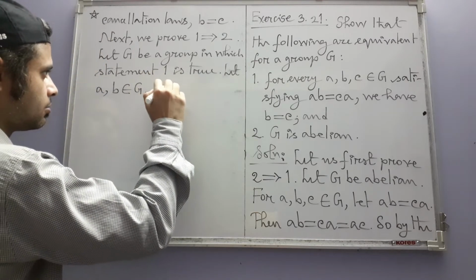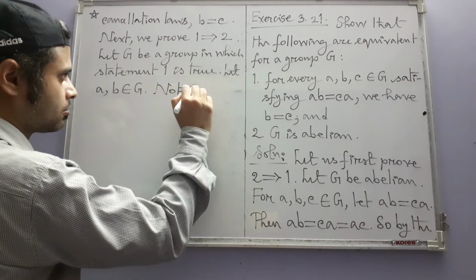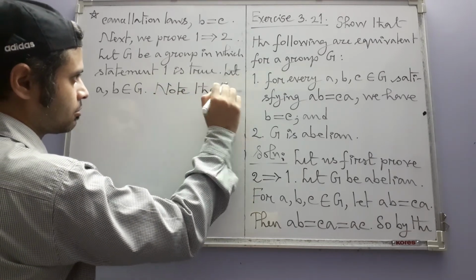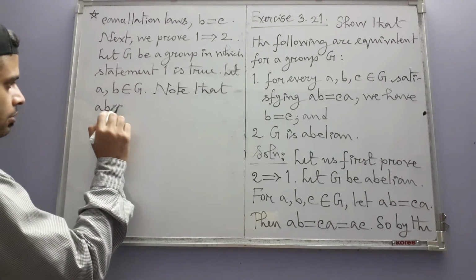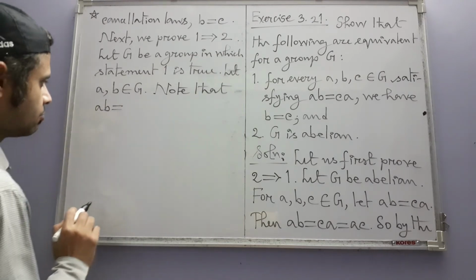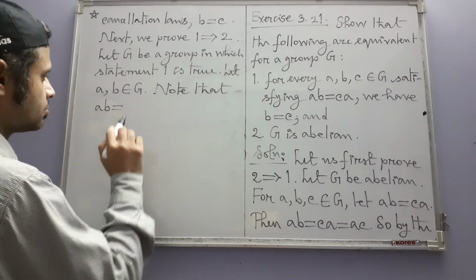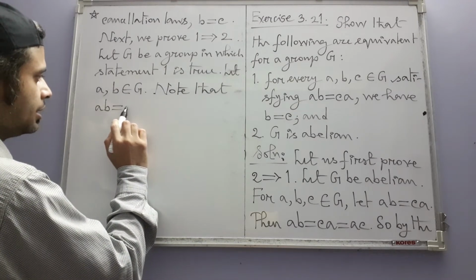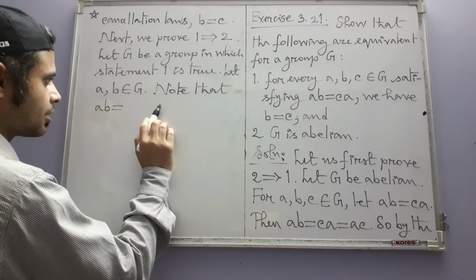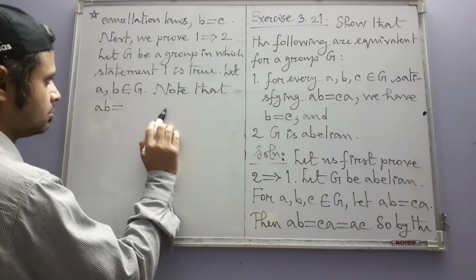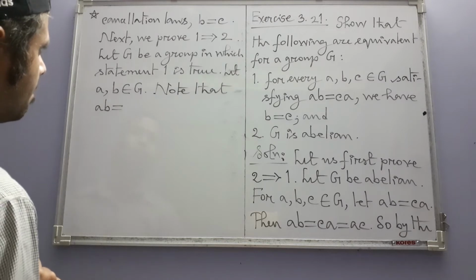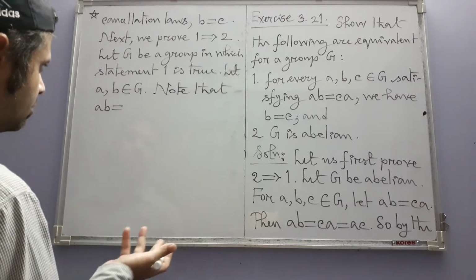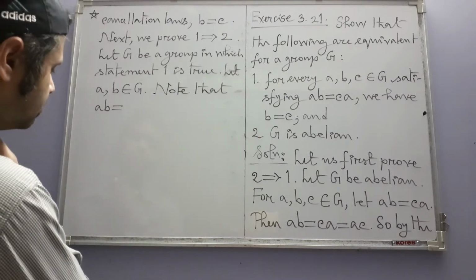Note that AB is equal to, we need to write something times A. So what is that something? Which is anyway true in any group G.